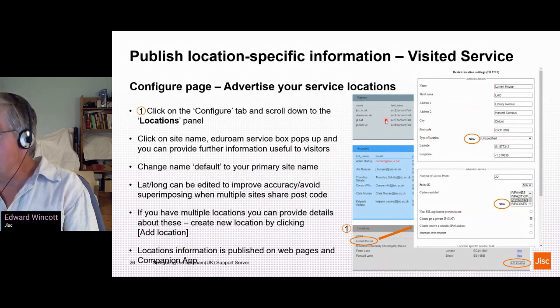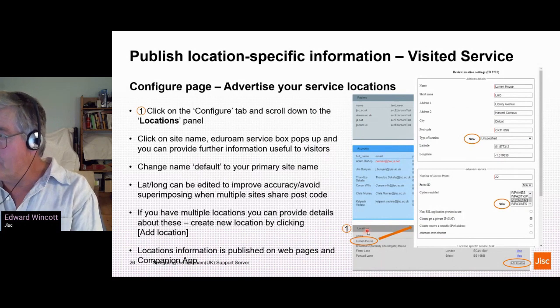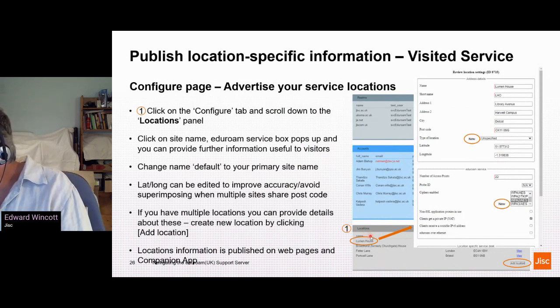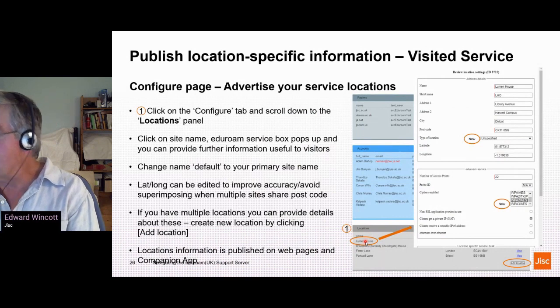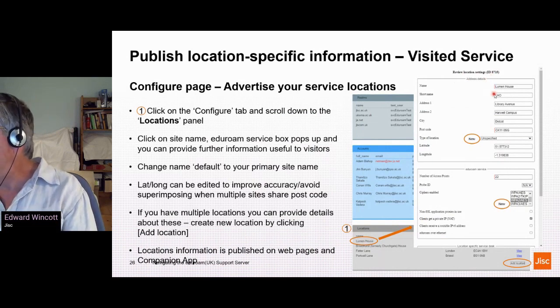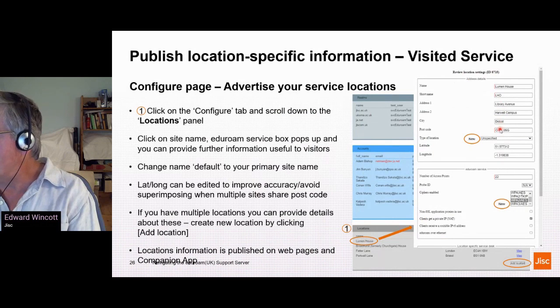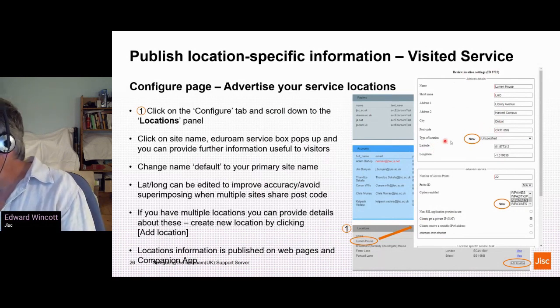If you go to the configure page and scroll down to the bottom to the locations panel, this is the one for Jisc. If you click on the name of the site, the location settings dialog screen comes up, and you can provide full details of the address and the type of location.